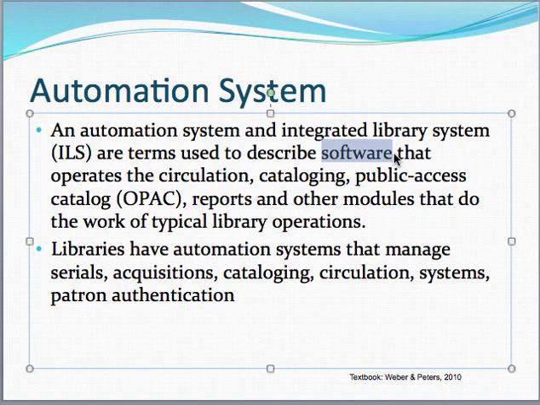An integrated library system is a system with several databases, integrated in one big system, and they share information. So when a book is circulating, you check out the book, and it pulls out information on the patron.